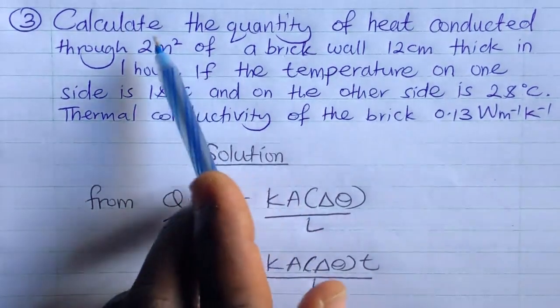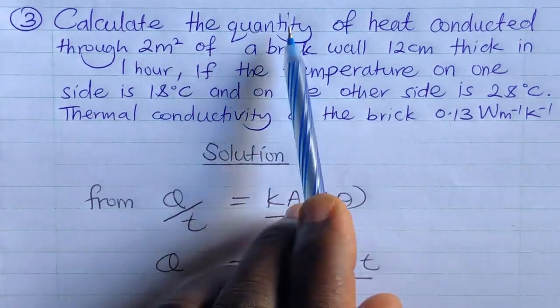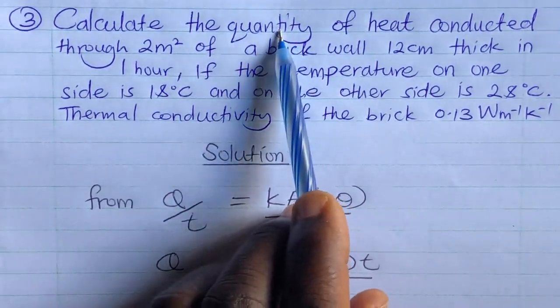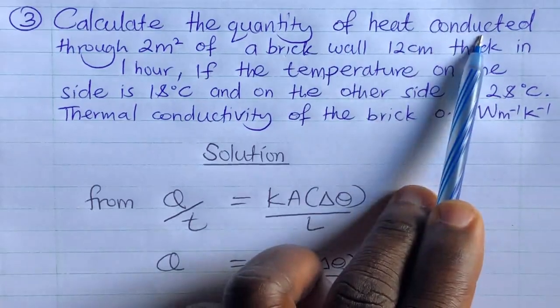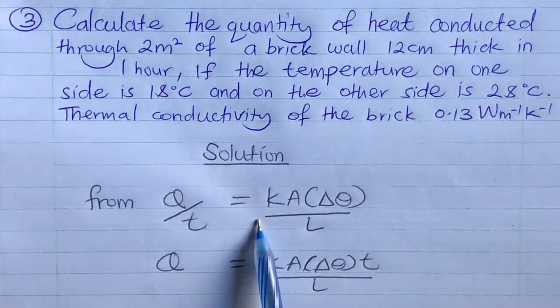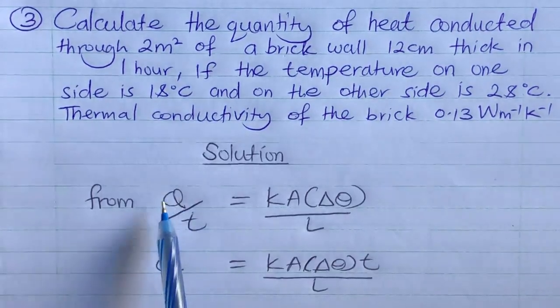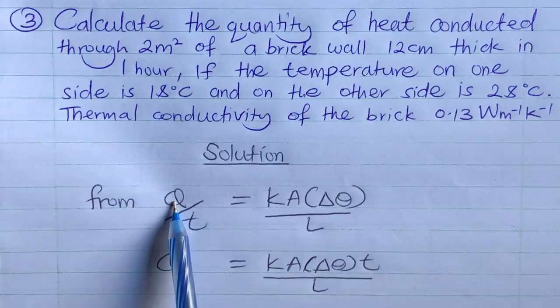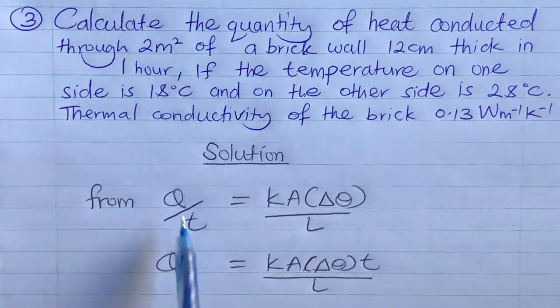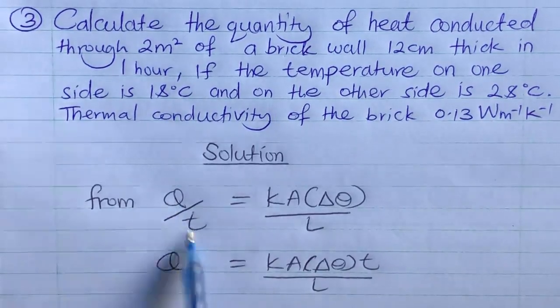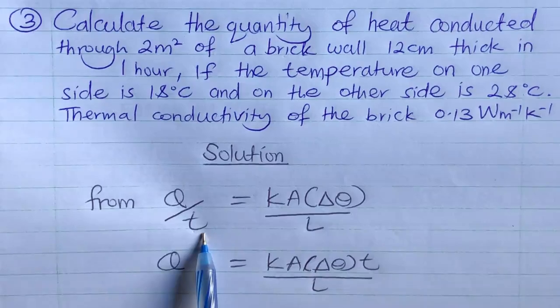But the question is asking for the quantity or amount of heat conducted, and therefore from this equation, the quantity of heat is Q. Q is representing the amount of heat, but when we divide Q by t, it becomes the rate of heat transfer.